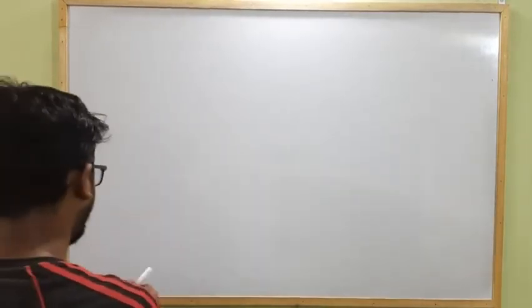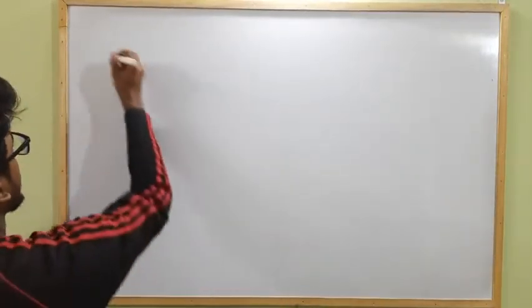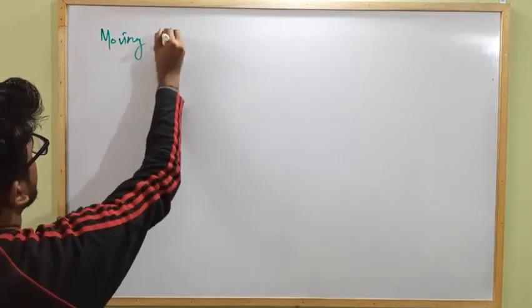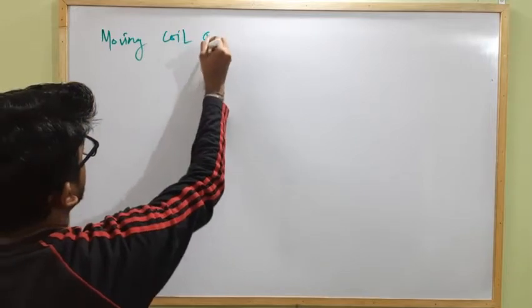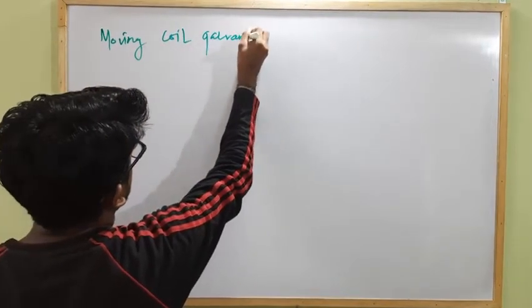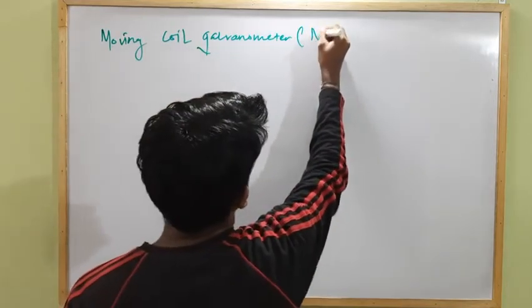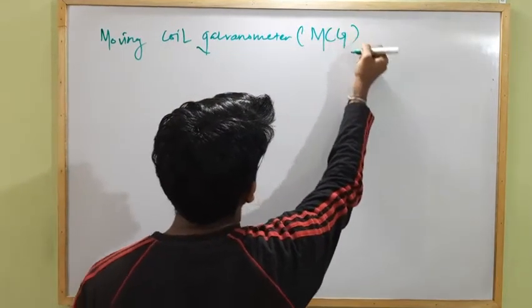So what is a moving coil galvanometer? In short it is known as MCG.